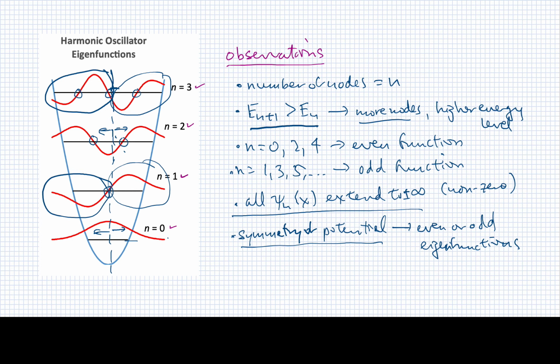And this shouldn't be surprising because those eigenfunctions arise from the potential. The kinetic energy operator is an even function, if you will. It's the second derivative. So the eigenstates themselves must reflect the potential in some sense. A symmetric potential is going to give us something that will have either even symmetry or odd symmetry as we go higher in quantum number.